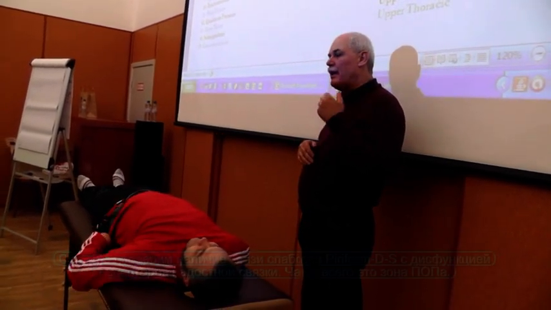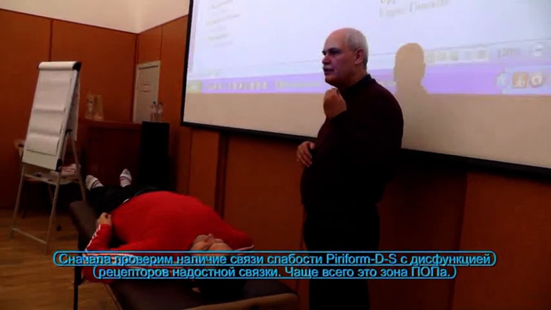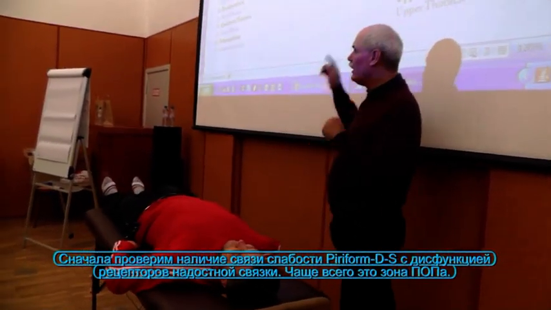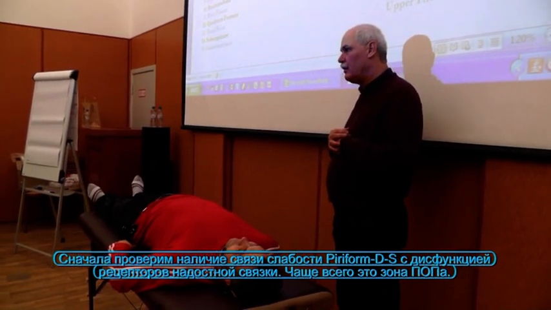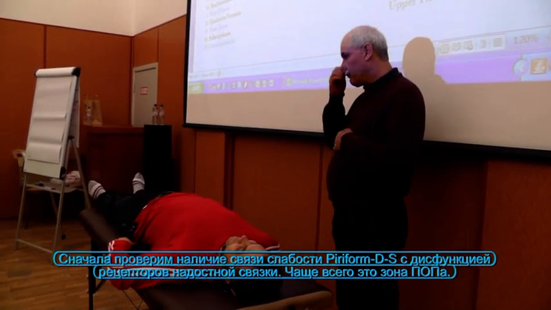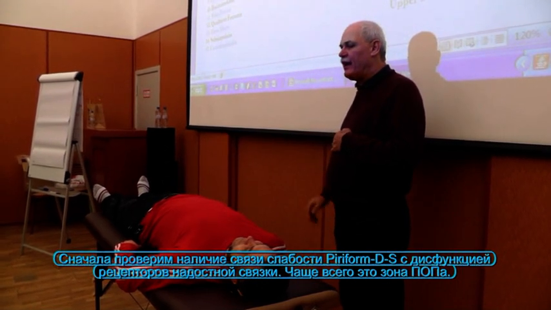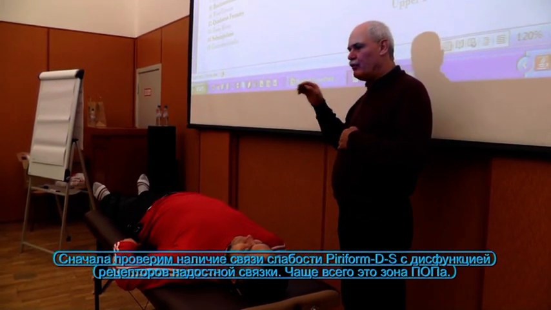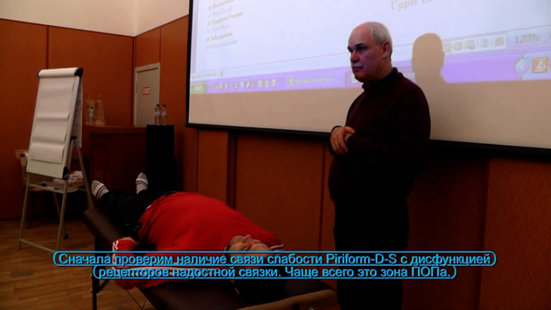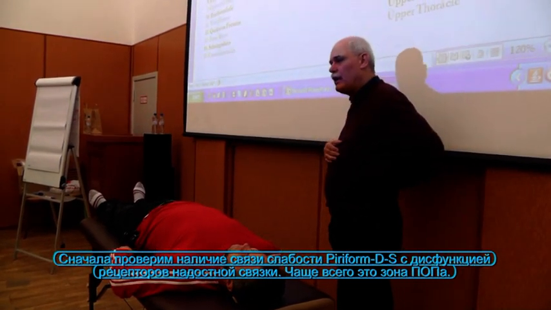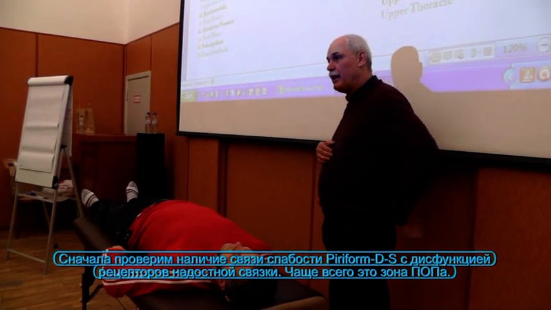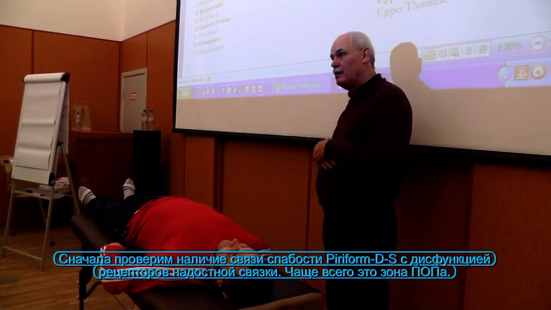But because this is a bilateral dysfunction, my first step is to look at the supraspinal ligament. Where can I find the receptor for piriformis? Usually the most common area is in the lower lumbar spine.